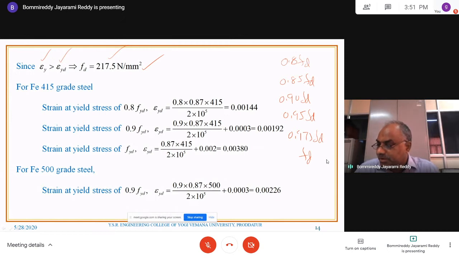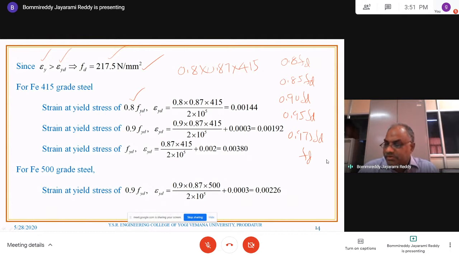What is Fd here? 0.8 times Fd means what is Fd? 0.87 times Fy, that is 0.8 times 0.87 times 415. That is the meaning of 0.8 times of Fd. So here you can look at the strain at a stress of 0.8 times of Fyd.